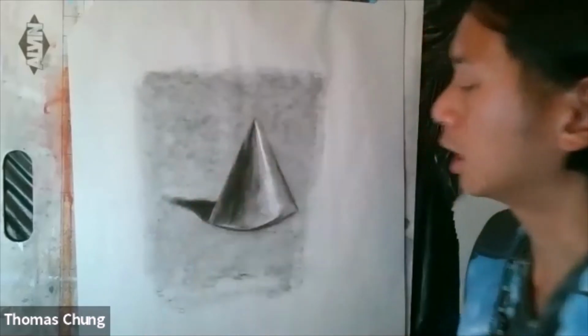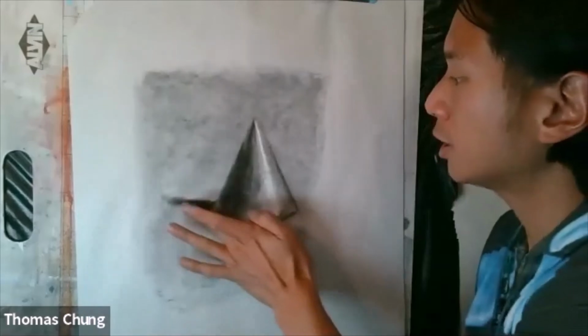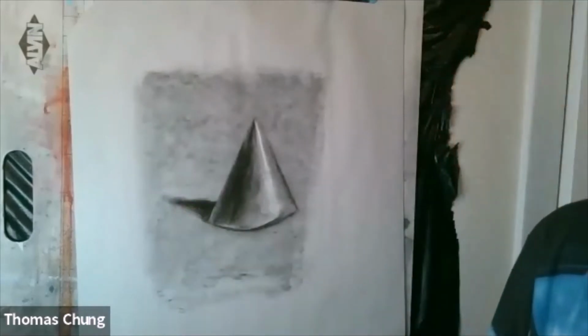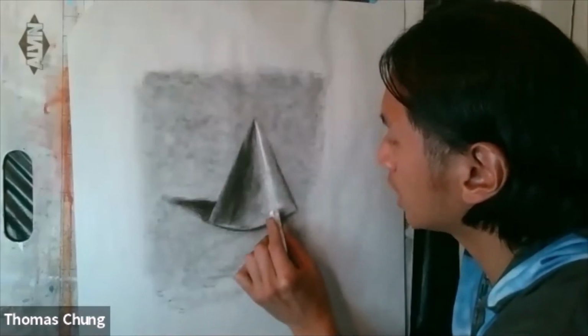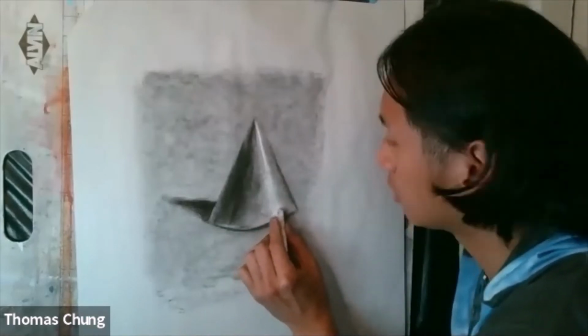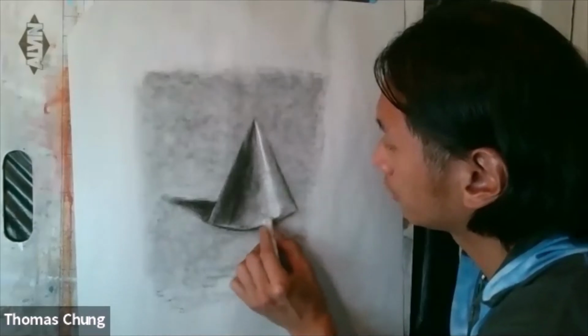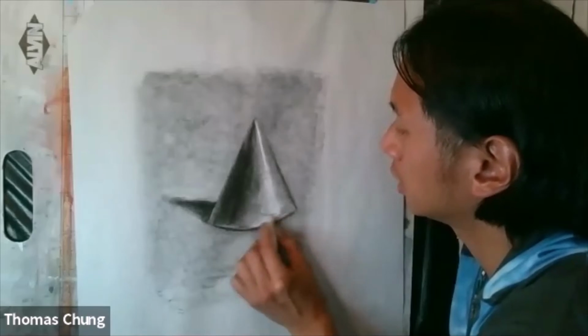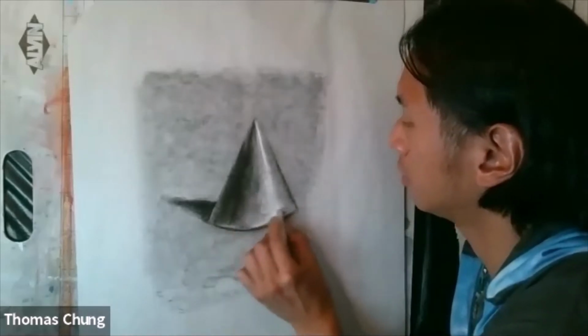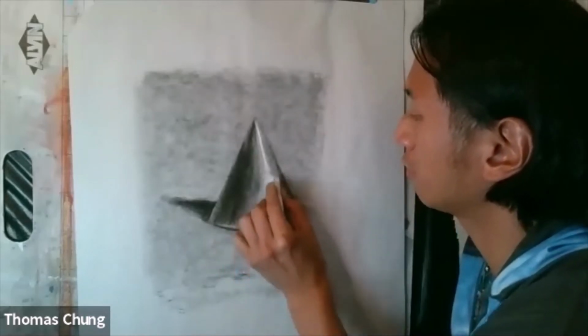So now that we've got our cast shadow, our occlusion shadow, highlight, and this shape, this edge is a little wonky here, so I'm just gonna apply the white to fix this contour and add a little bit more highlight to match the reference.